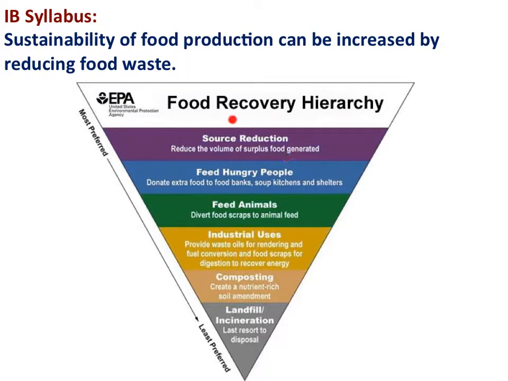Reduce the amount of waste generated. Of the food waste that is generated, use the food waste to feed others, or use the food waste to feed animals, or use the food waste for industry or composting. And the last option, the food waste ends up being incinerated, burned, or ends up taking space in a landfill.